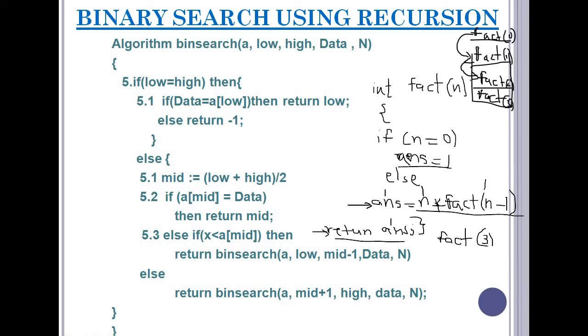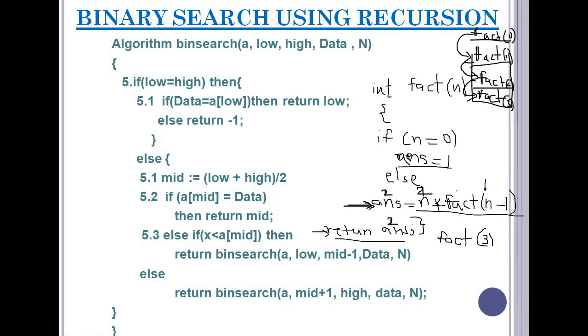The caller of fact(1) is fact(2). So in fact(2), this line is executing again, where my n is equal to 2 and from fact(1) I am getting 1. So 2 multiplied by 1, answer is 2, and fact(2) will return the value 2 to its caller.